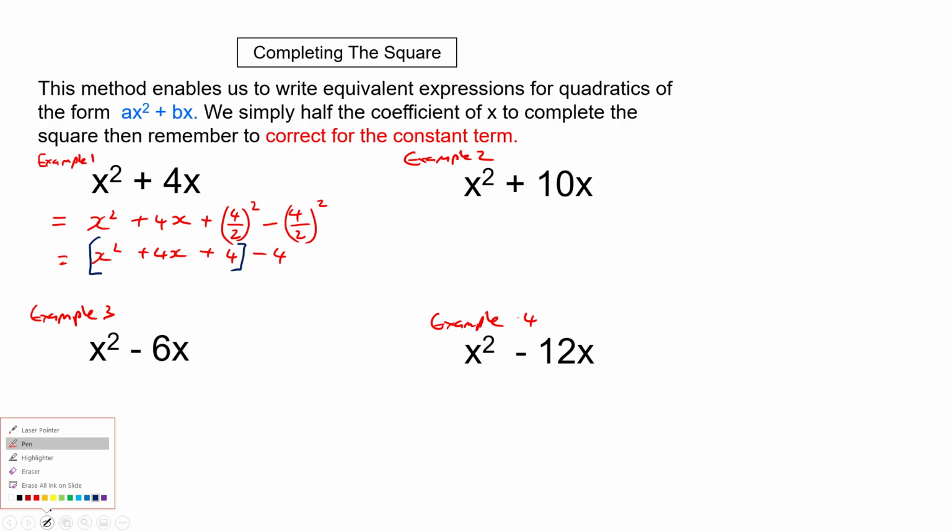I can complete the square on that first bit, so I can find my perfect square. That's going to be equal to x plus 2 squared, when I factorize it, minus 4. So that's my solution for that one.